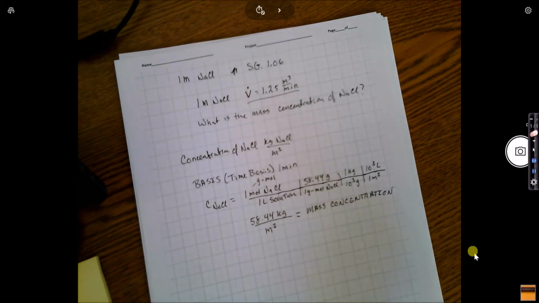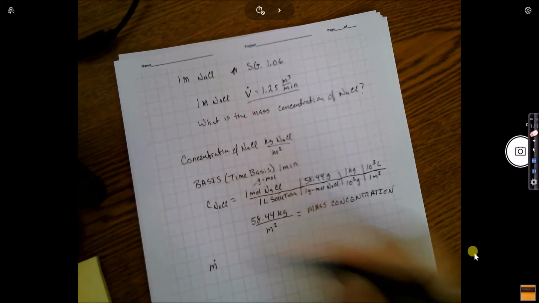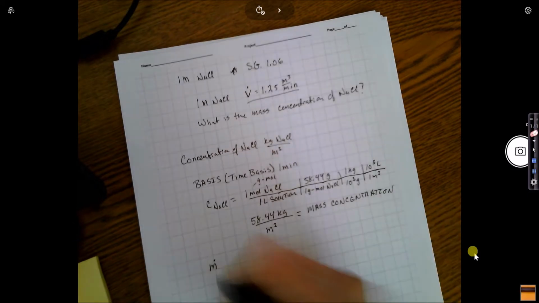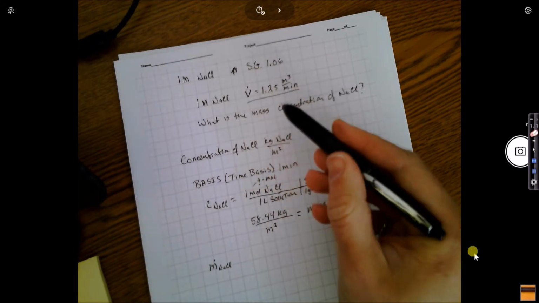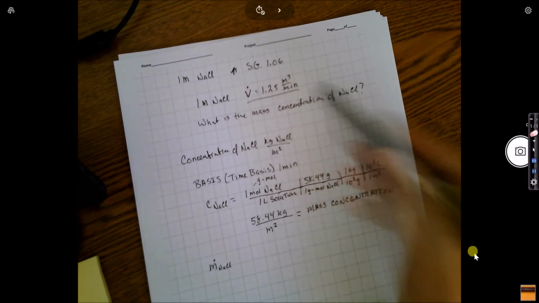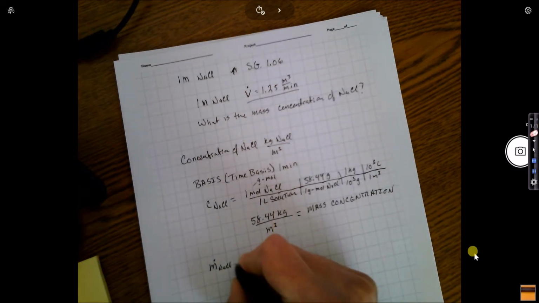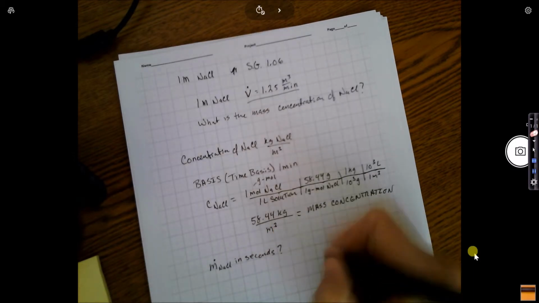The next question, which would be an obvious one to ask, is what is the mass flow rate of sodium chloride in this solution, if we have this 1 molar solution of sodium chloride going with a volumetric flow rate of 1.25 cubic meters per minute. So we want to know what the mass flow rate is. And let's say we want to know the mass flow rate per second, just for funsies.